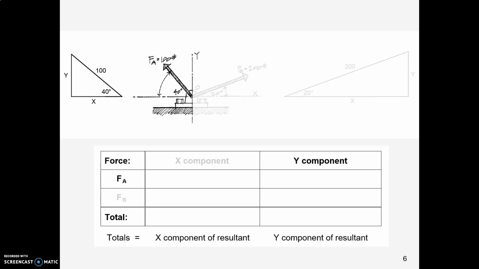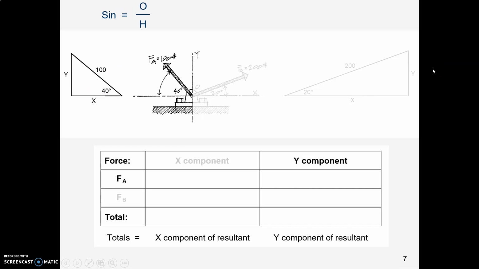Now we'll find the Y component. Here's our same triangle again. And the Y component is the side opposite the 40-degree angle. The 100 pounds is still the hypotenuse. So remembering SOHCAHTOA, which acronym has opposite and hypotenuse? It's SOH.